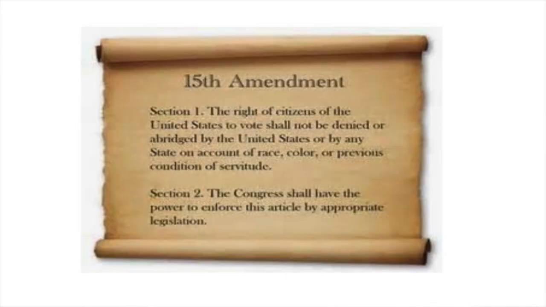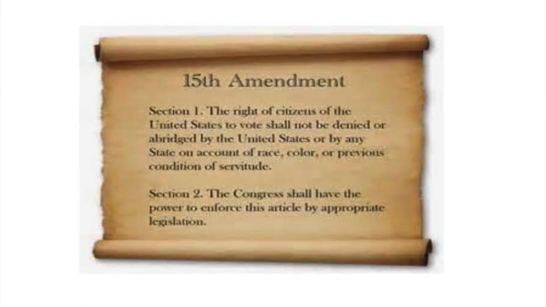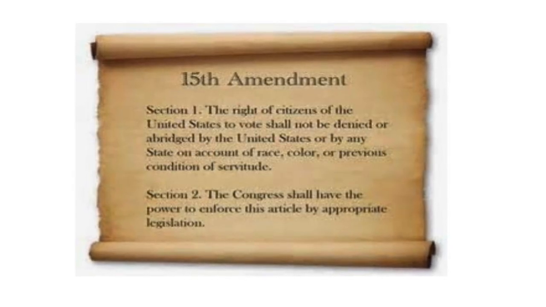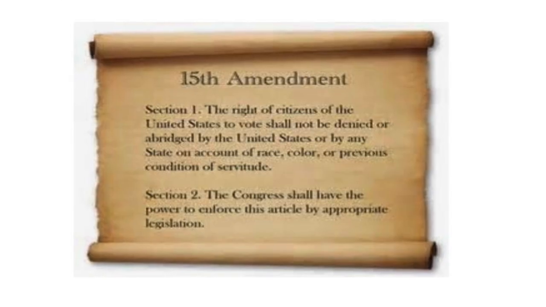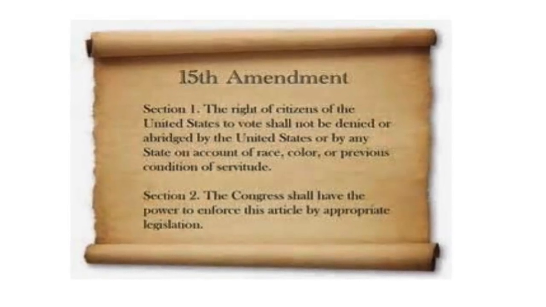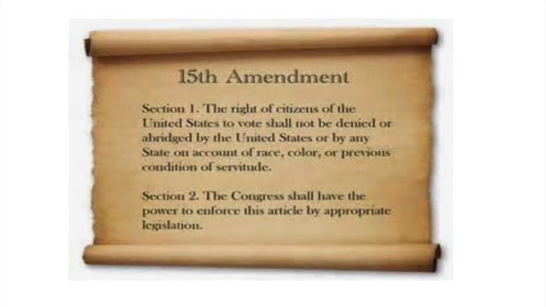Now, why do we have the 15th Amendment? The 15th Amendment reads, Section 1: the right of citizens of the United States to vote shall not be denied or abridged by the United States or any state on account of race, color, or previous condition of servitude. I'm going to read that over and pause and ask a question. Of course, you don't have to answer this out loud. It's a rhetorical question for you to think about.